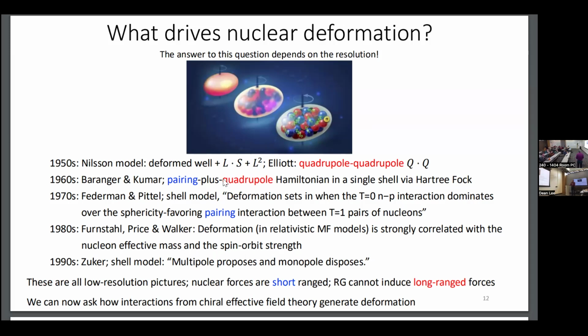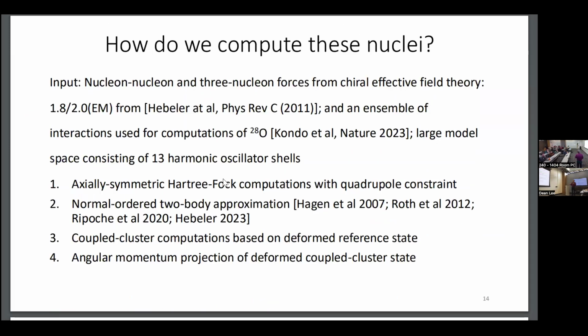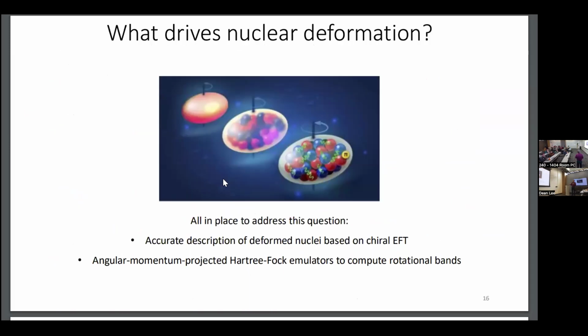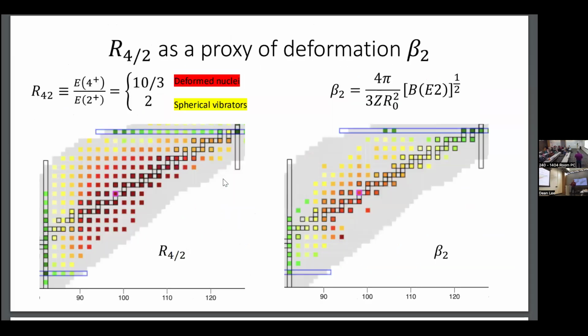Good. So now we can ask, how does this work in chiral EFT? We are ready to answer this question, and we answer it again with just Hartree-Fock calculations, projected Hartree-Fock calculations, like Gaute showed also in his slides.